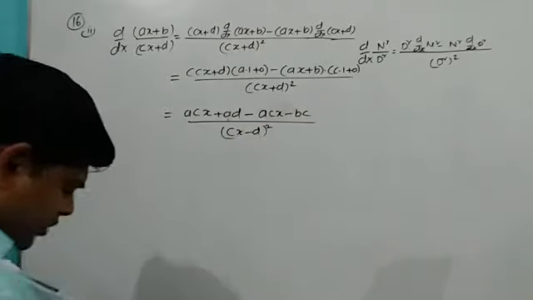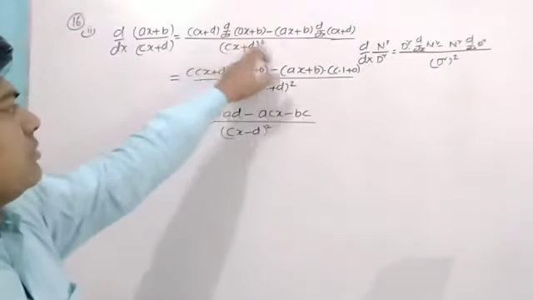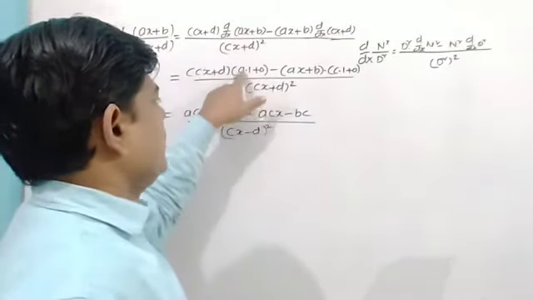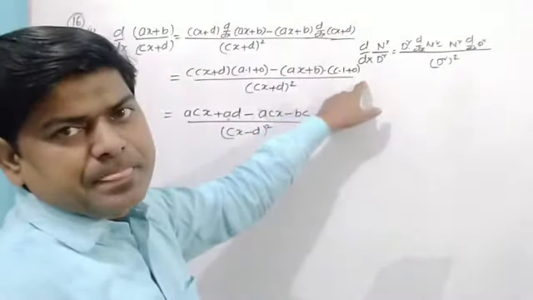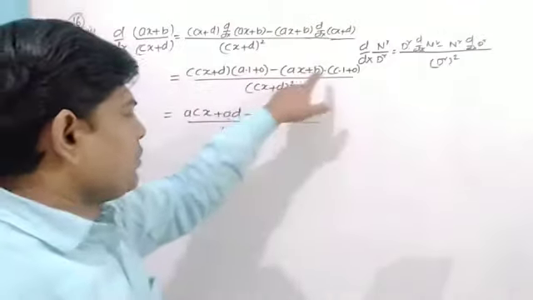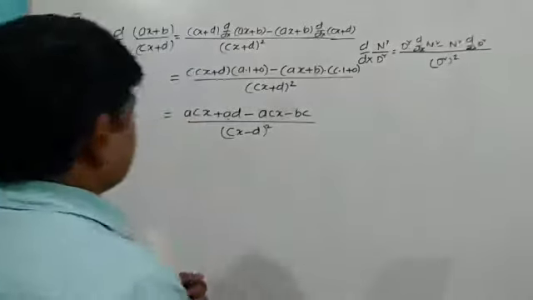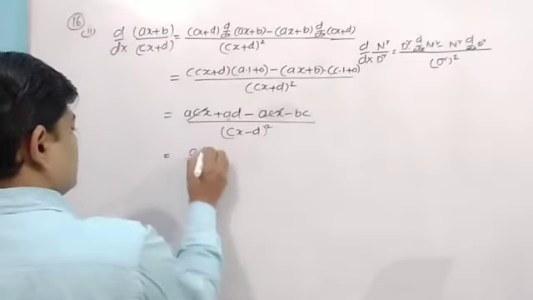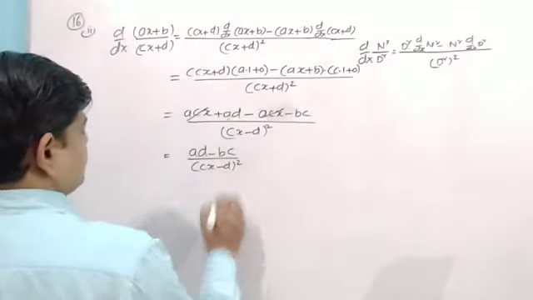Once again, what I have done here: denominator into d/dx of numerator minus numerator into d/dx of denominator, whole upon denominator squared. The differentiation of ax + b is a into 1 + 0, and of cx + d is c into 1 + 0. In simplification, multiplying by a gives acx + ad, and multiplying by c gives acx + bc. Now acx and acx cancel, and we have a very clear result: (ad − bc) upon (cx + d) the whole square.